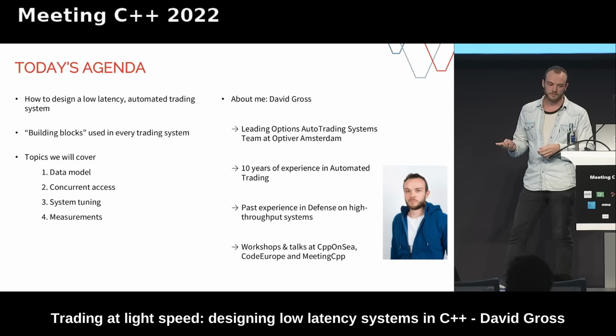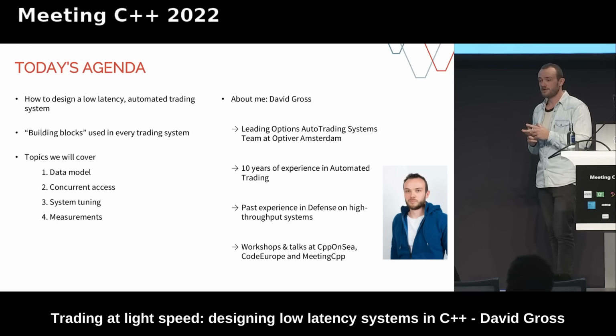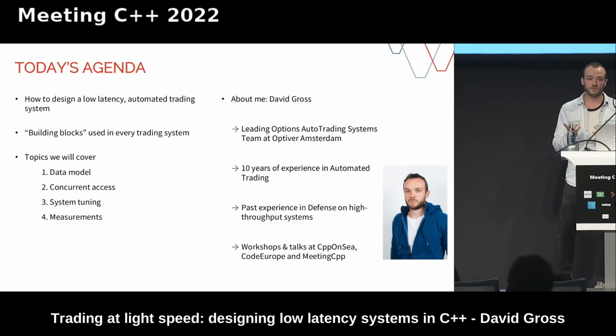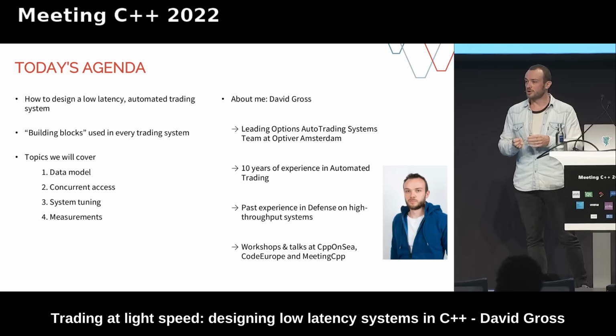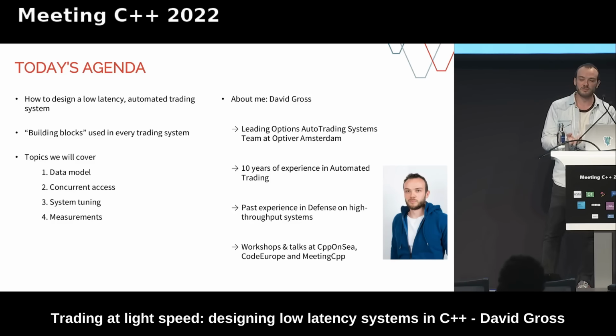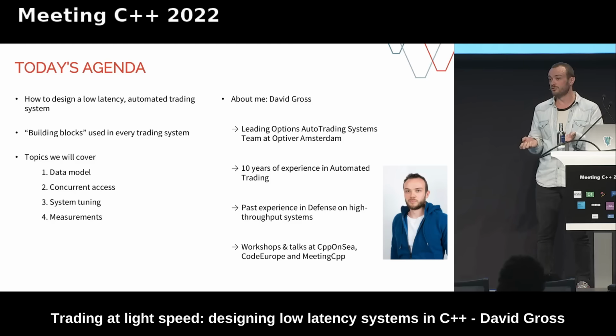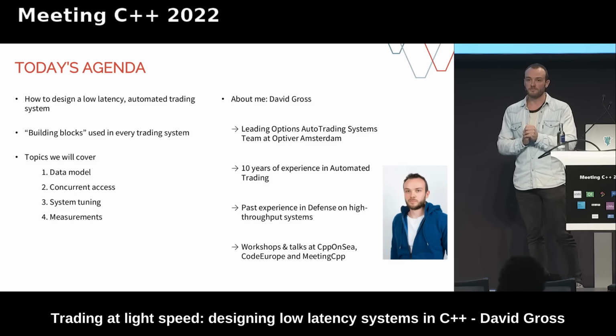The first one is the data model, the second is concurrent access, then system tuning, and eventually we'd like to talk about how to measure performance. We are going to focus on building blocks that effectively are being used in any low latency system.